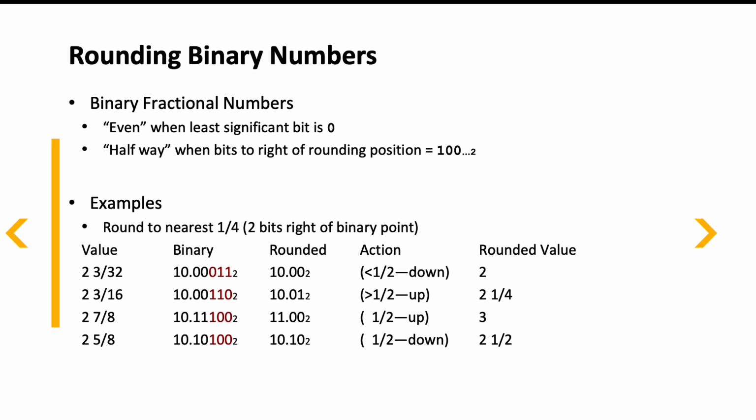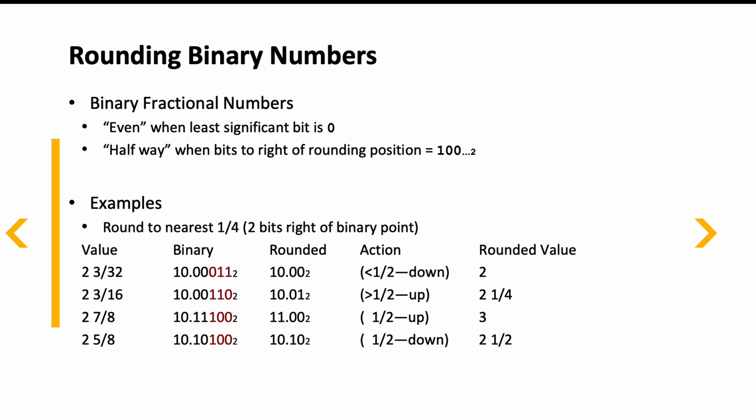If it takes the form of 1 followed by a bunch of zeros, it's exactly halfway. If it's a 1 and then there's some weight after that initial 1, then it's more than halfway. If it's a 0 in that position to the right of the rounding position, then it's less than halfway. So this is actually pretty easy and intuitive to figure out as well.